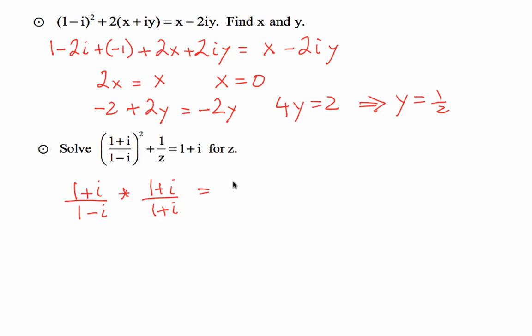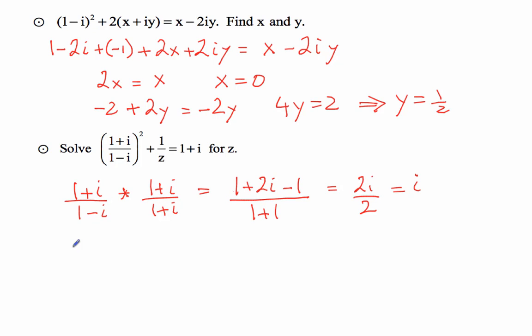At the top, I will get 1 plus 2i plus i squared, which is minus 1. At the bottom, it'll be 1 minus i squared, which is 1 plus 1. And so at the top, we have 2i. At the bottom, we have 2. And so this over here is just i.